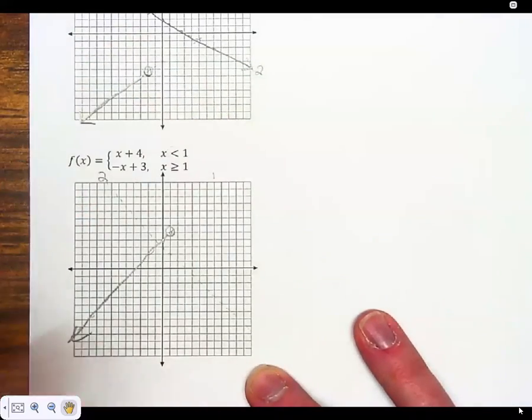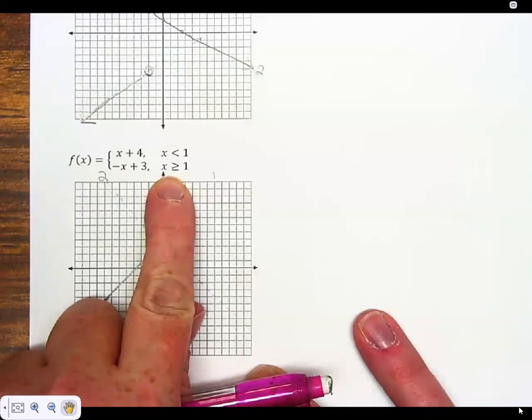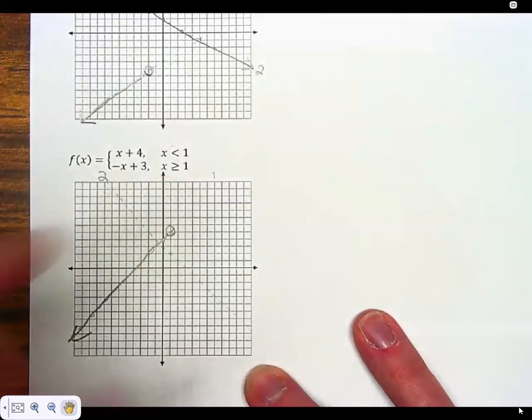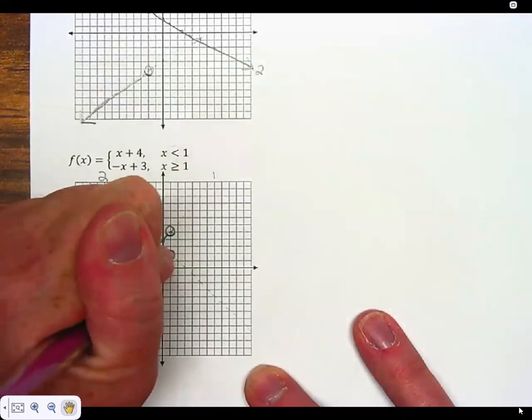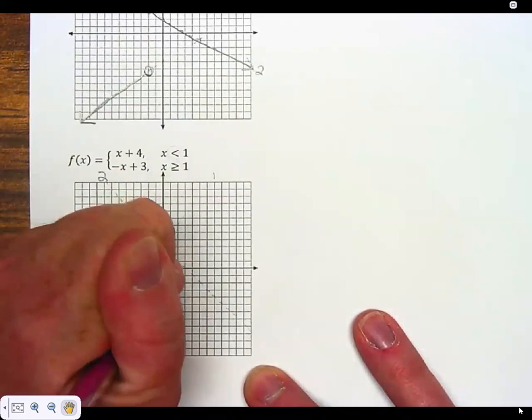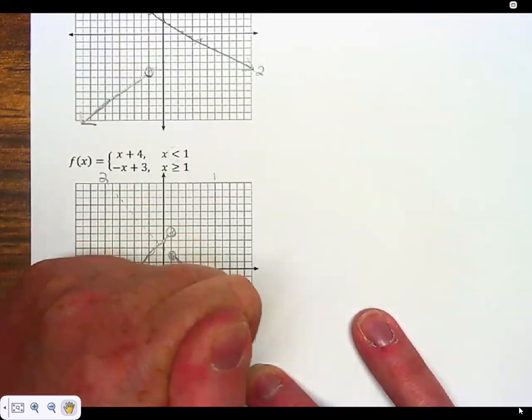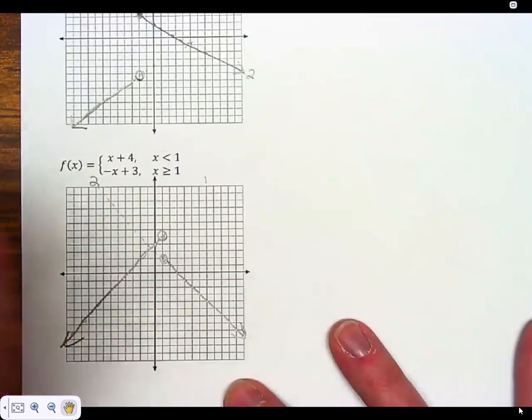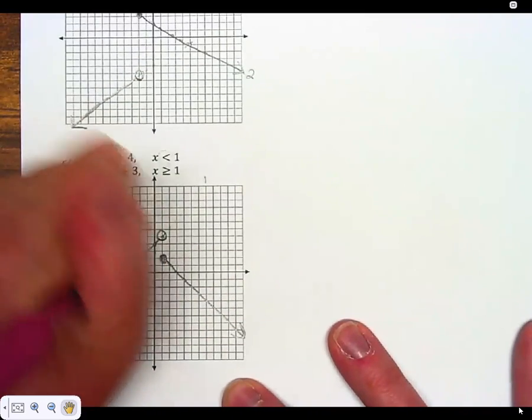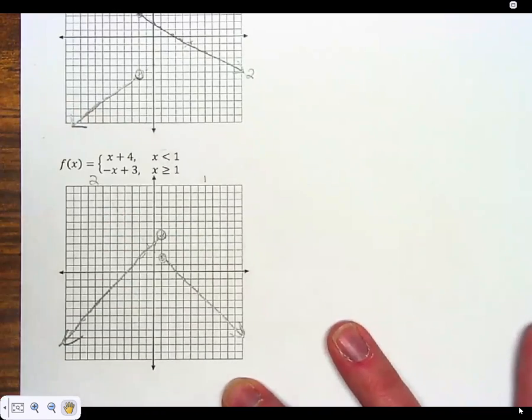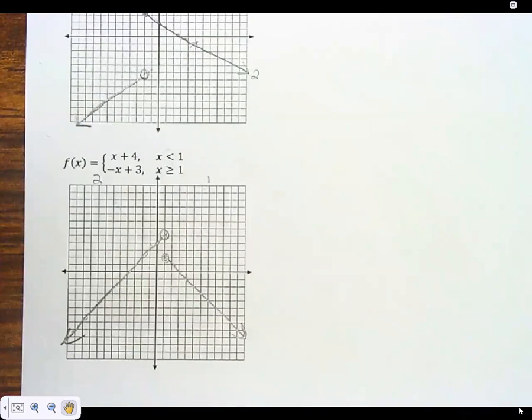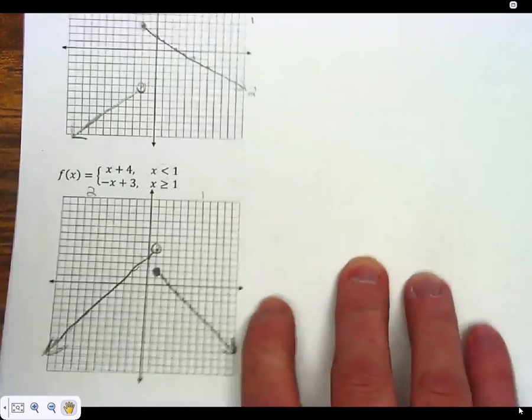So second function, closed circle at 1. And it's greater than or equal to, so then you want everything to the right. So everything to the left of the first one, everything to the right of the second one. We're going to erase the other stuff. And that is your piecewise function. And that is it.